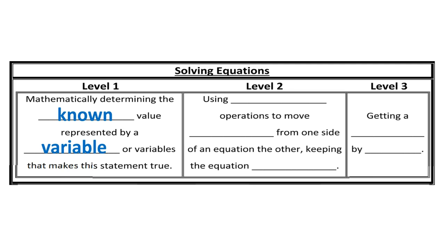In order to solve equations, we're using inverse operations to move values from one side of an equation to the other, keeping the equation balanced. By using our inverse operations, we're really creating identities. When we subtract 5 from positive 5, we're equaling 0.